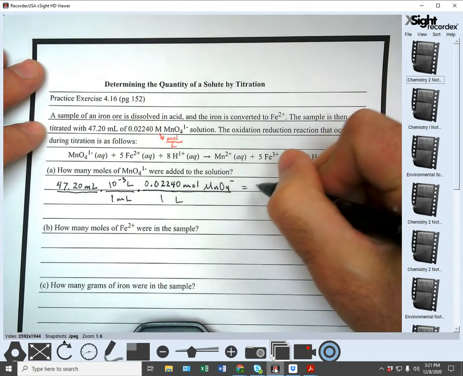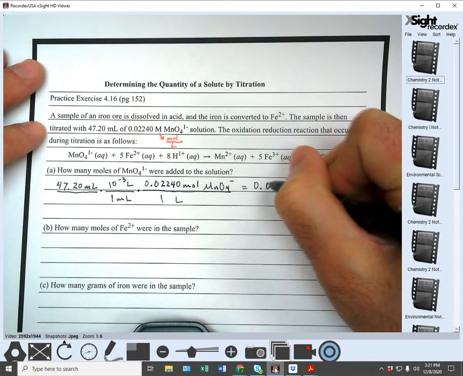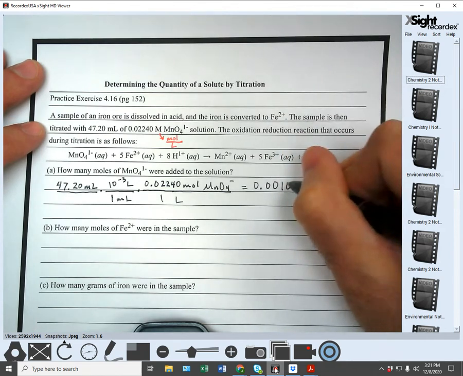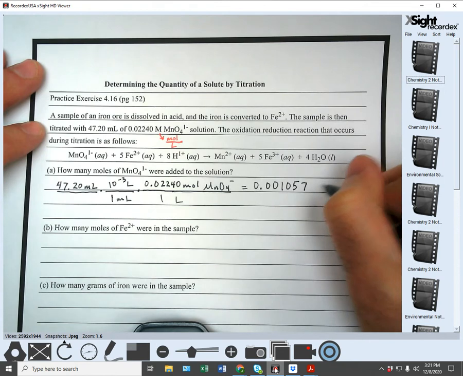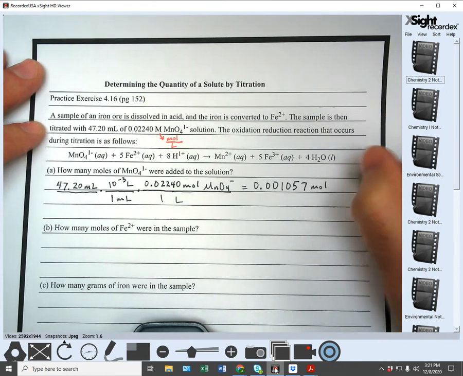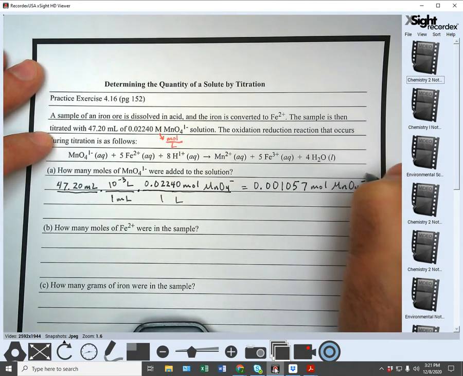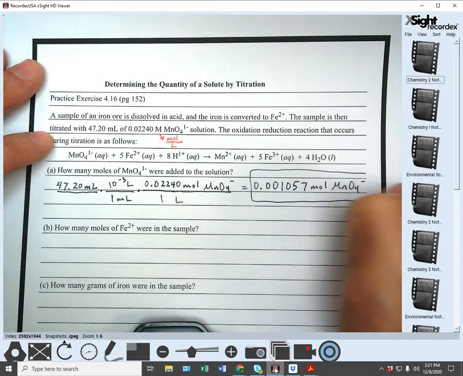So it's going to be 0.0011057 moles of MnO4 -1 is our answer for part A.